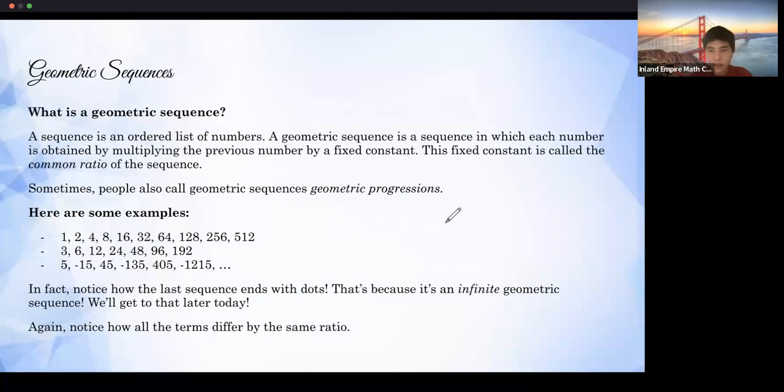Because if you think about it, in a geometric sequence you're essentially multiplying by the same number every time. So say you have a positive number and a negative common ratio. Joyce, tell me what happens when you multiply a positive number by a negative number.